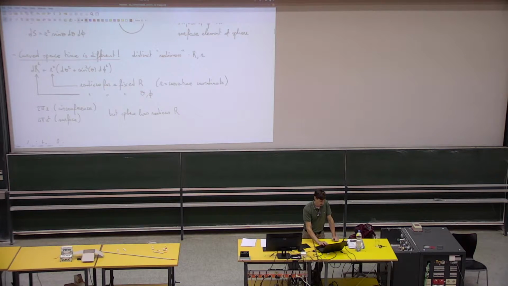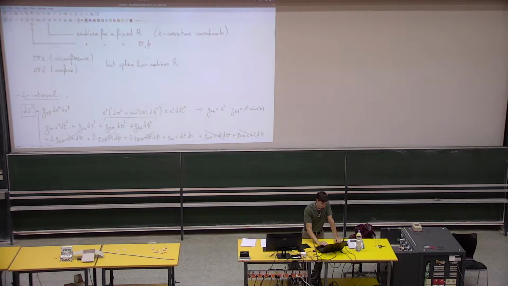Okay? So there are two different radiuses. One refers to the measure of surfaces and length along the surface, and one refers to radial separations with respect to the center, defining the size of your sphere. So we need to take care of that.